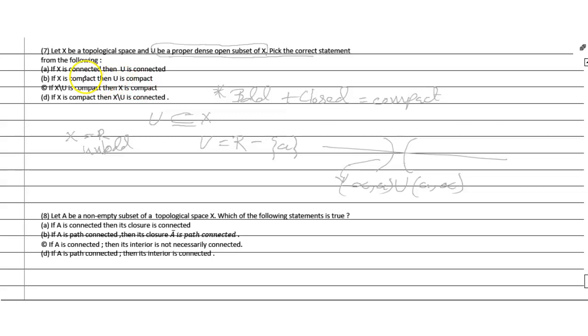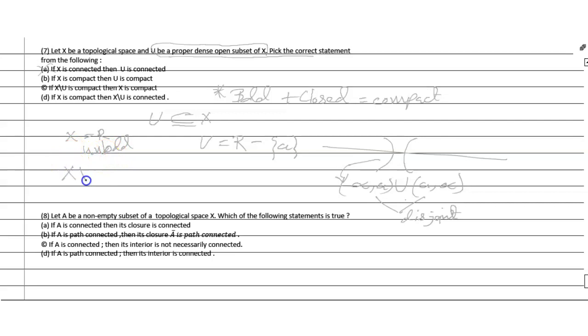So if X is connected, then U is connected? U is not connected, because we can get two disjoint sets. So another option: X minus U is compact, then X is compact.